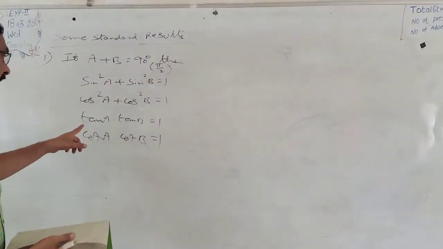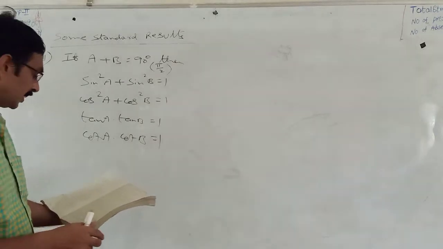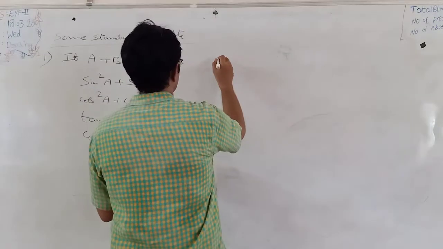If a plus b is 90 degrees, then tan a into tan b is also 1. See the problem related to that one.